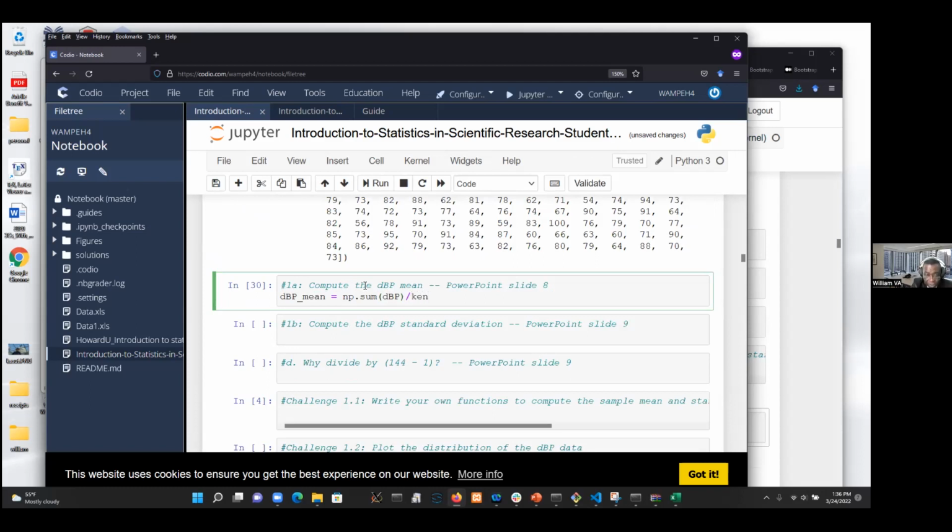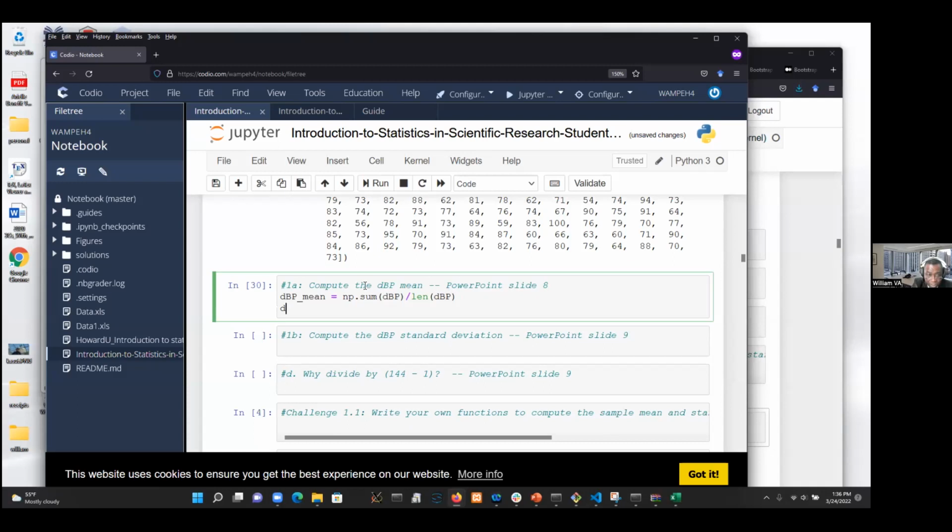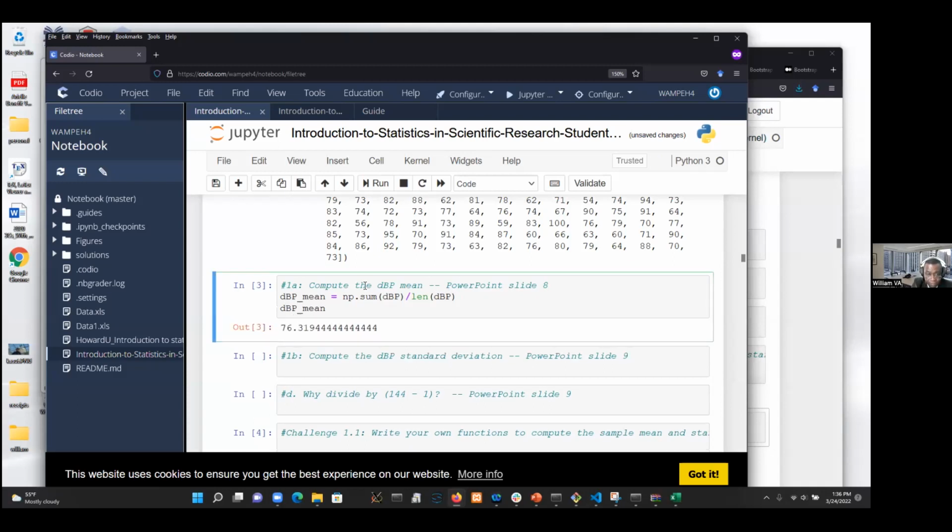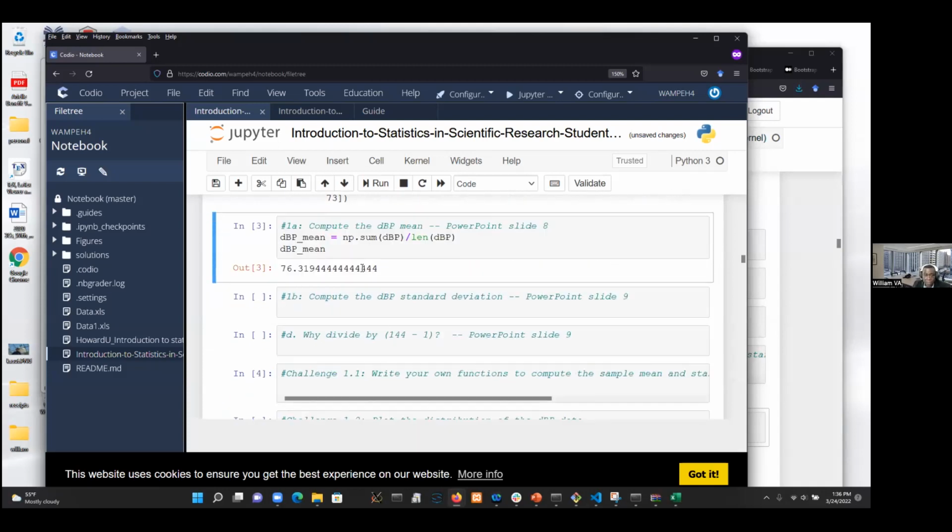You can make it dynamic with len of dbt. And then of course it's of no good if you cannot print it. And there we go. So that should be how I would implement it. Use NumPy for the sum, divide by the length, and that'll do it.